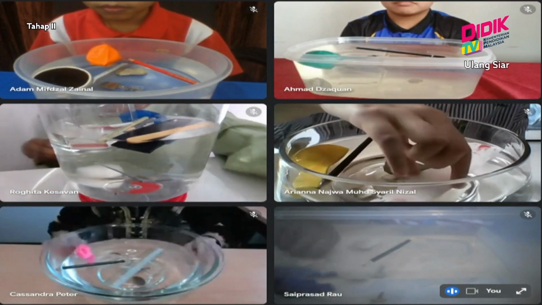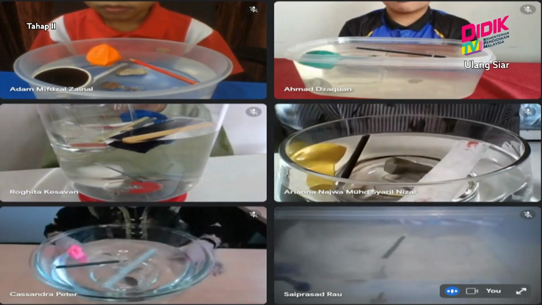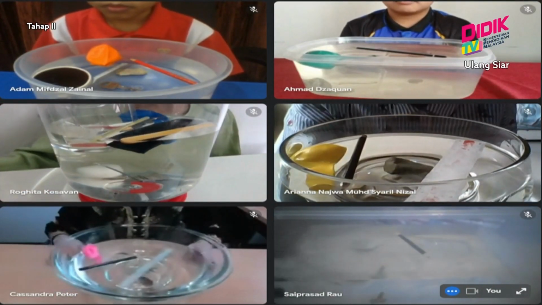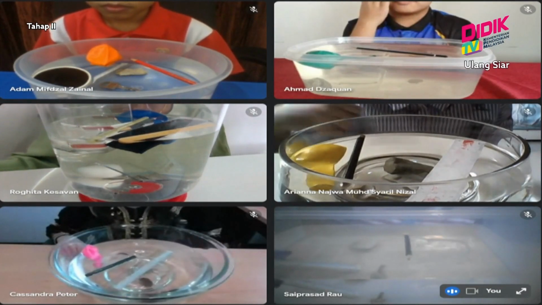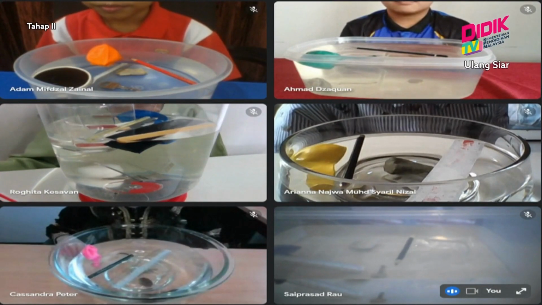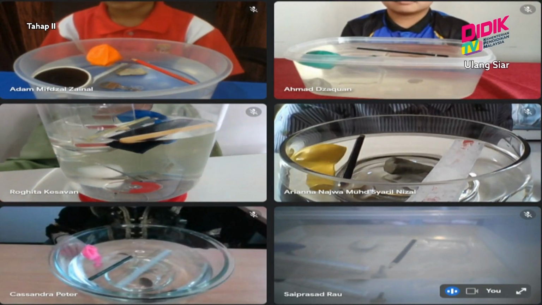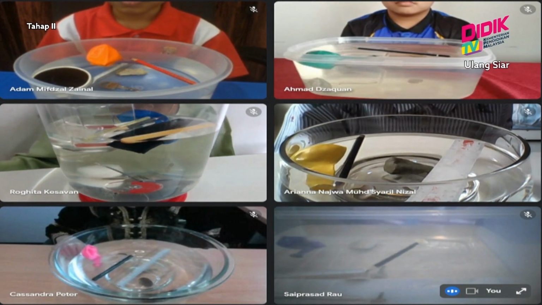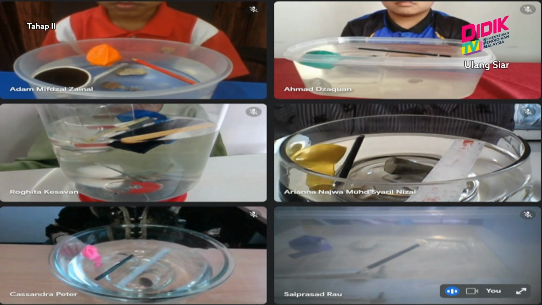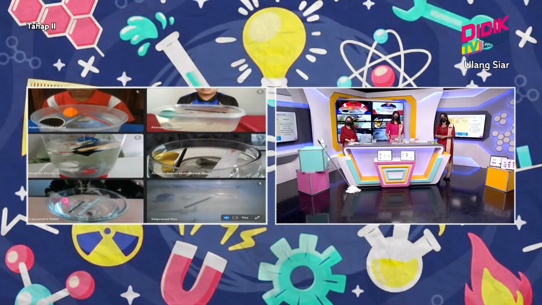Okay, shall we check what the objects above the water surface are, Shafika? All right. Let us see whether it's the same with what you have here with our pupils outside there. Let us check with our pupils. Who wants to tell me what observation we can find for this activity? Yes, anyone?